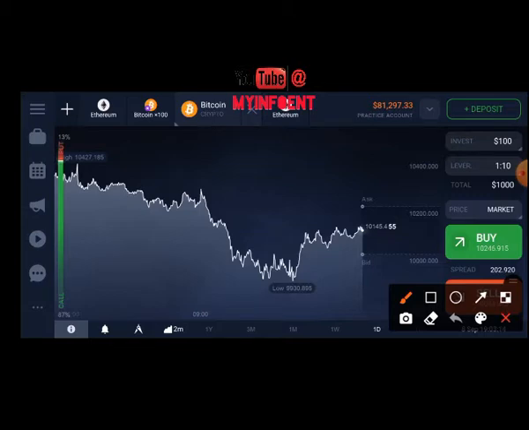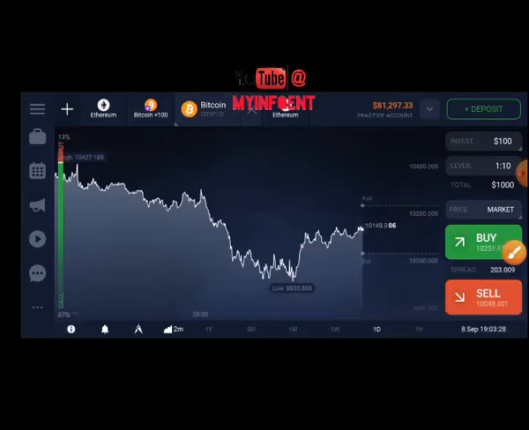How do you open a buy position? You open a buy position by clicking this buy button here, and you open a sell position by clicking the sell button below it, the sell button here. So the next thing, you need to do your technical and fundamental analysis to know if Bitcoin price is going to go up or if it is going to come down.